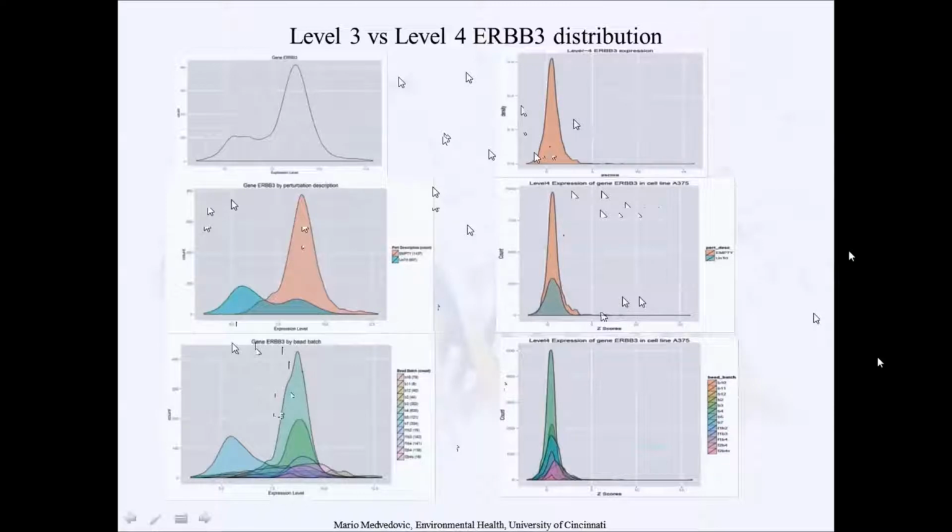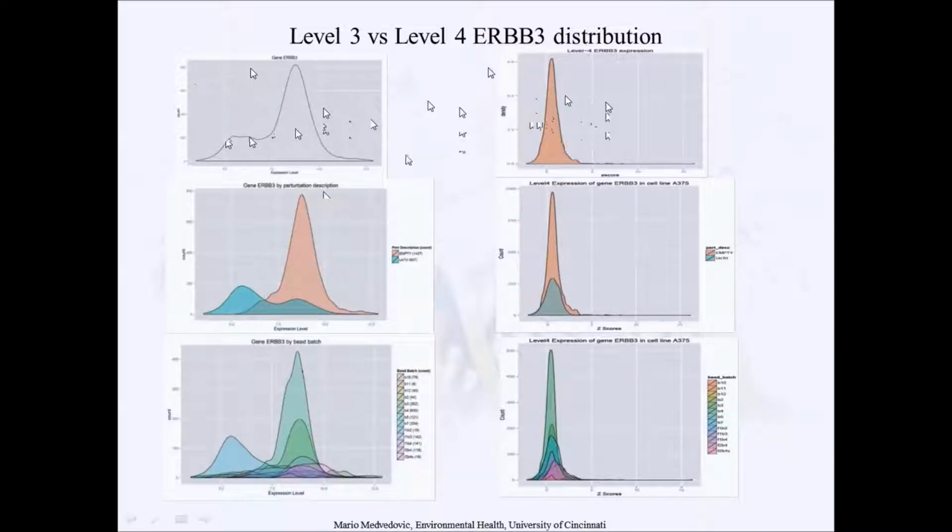As you can see, on the left-hand side are still the original figures for level 3 data, and on the right-hand side are the equivalent figures for level 4 data.